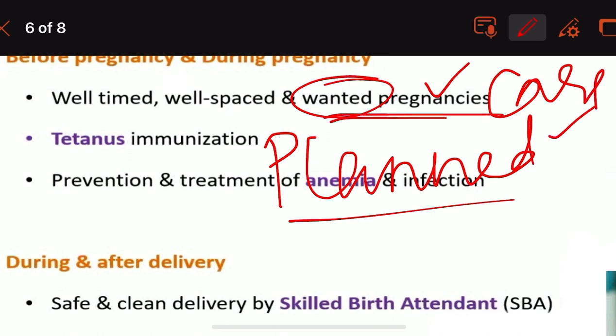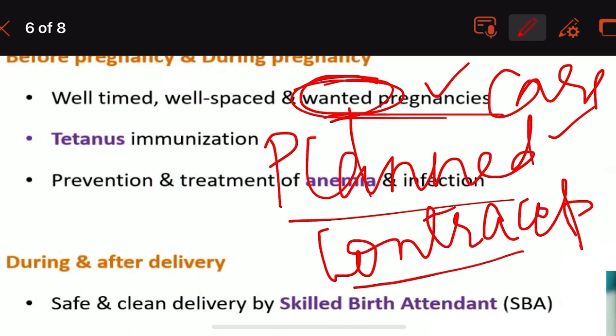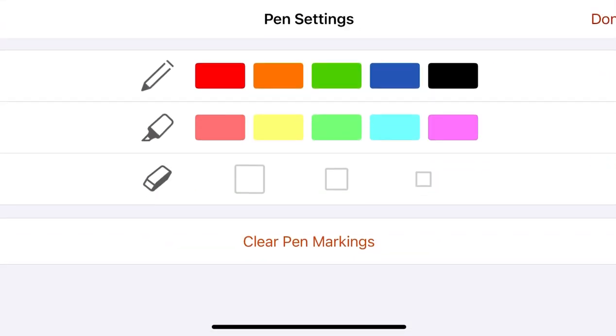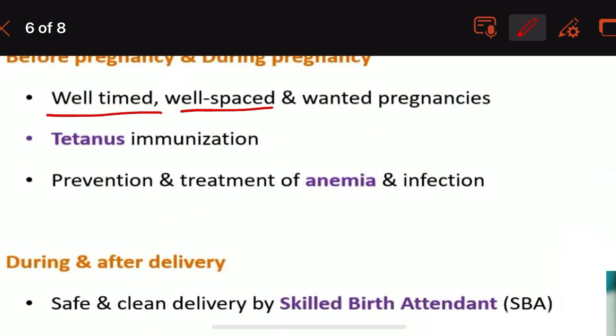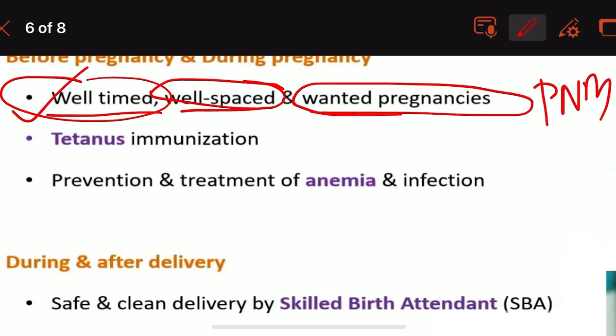Encourage wanted pregnancies. How can you encourage them? By providing contraceptive methods, by educating the couple about contraception so that they can plan their baby accordingly. So well timed, well spaced and wanted pregnancies have to be ensured. That is how you can prevent perinatal mortality.